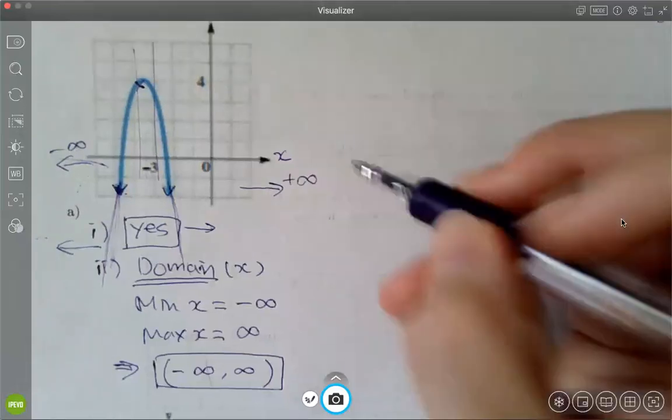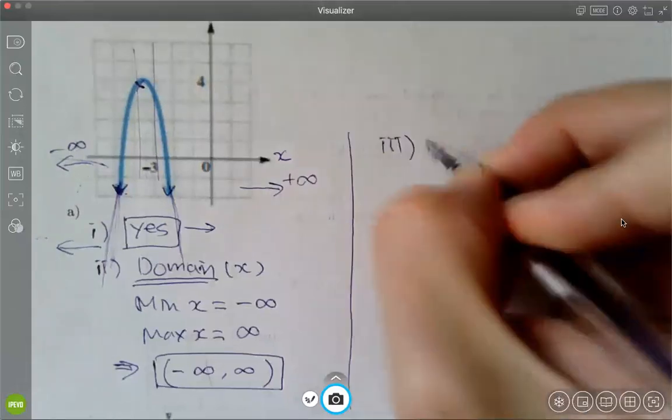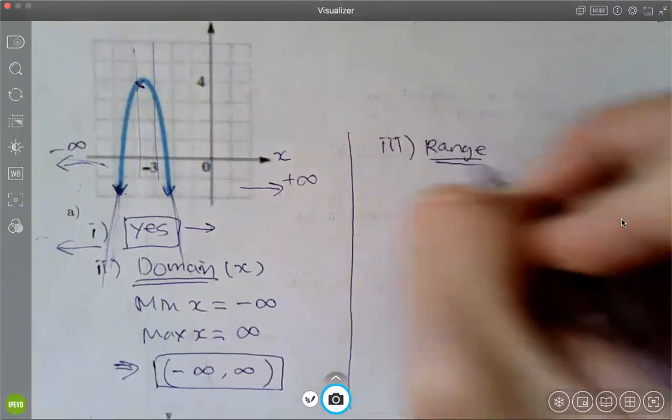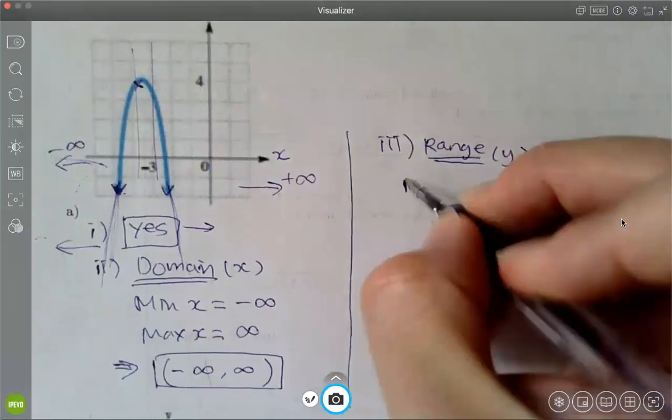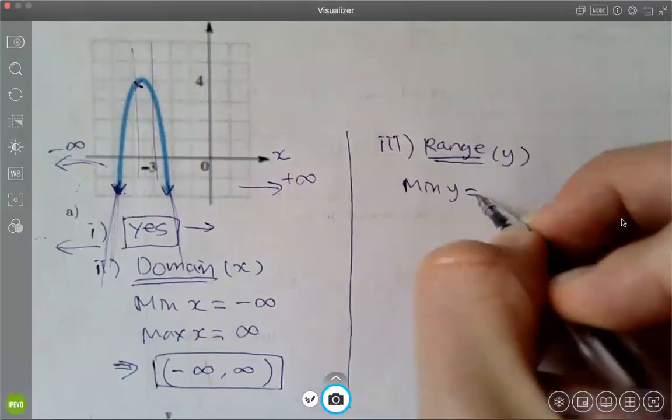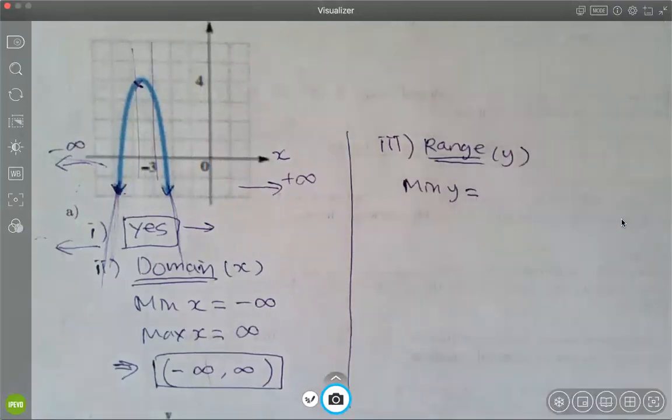Okay, and now the range, which is the y value. So now what is the minimum y for this graph? Negative infinity. Do you see why?